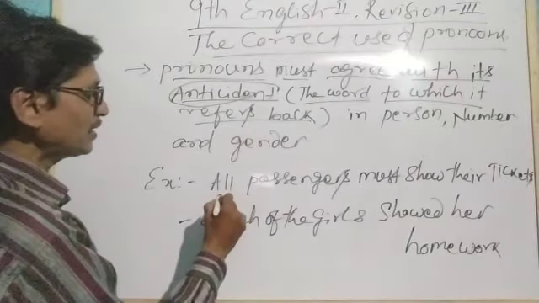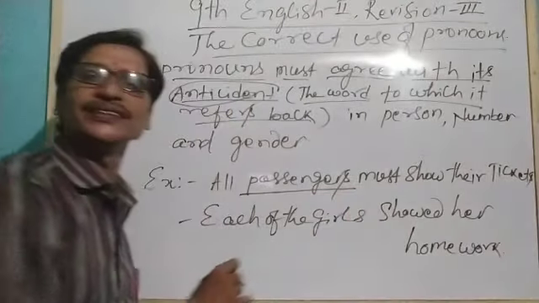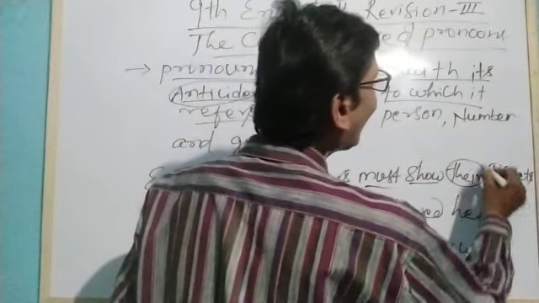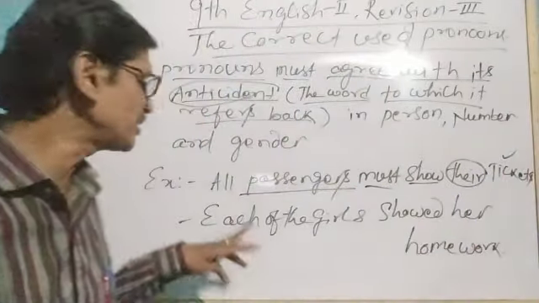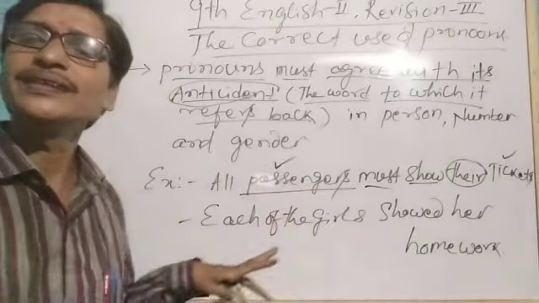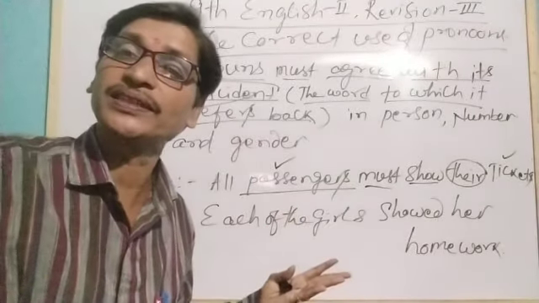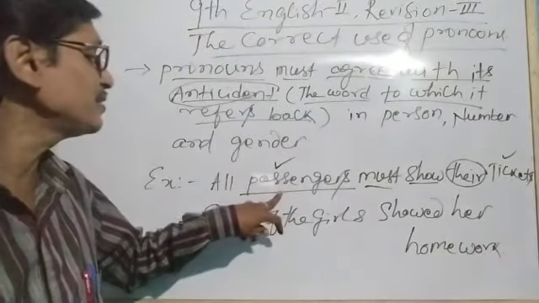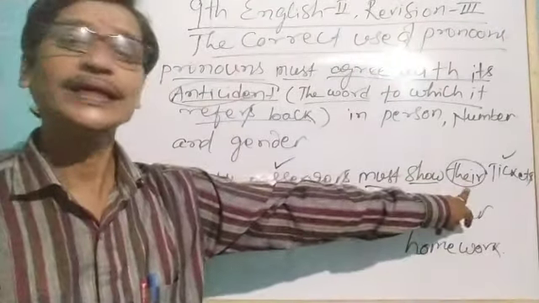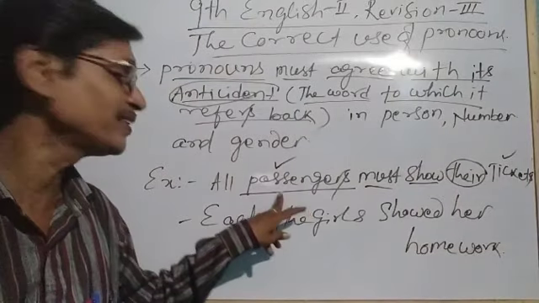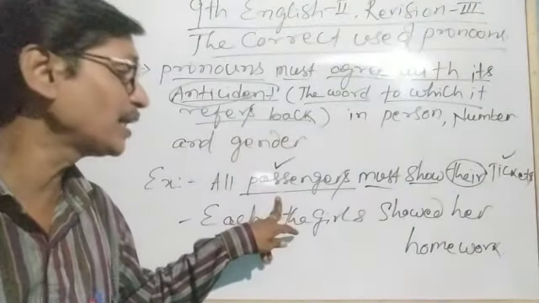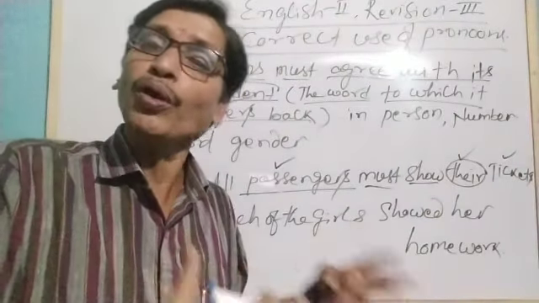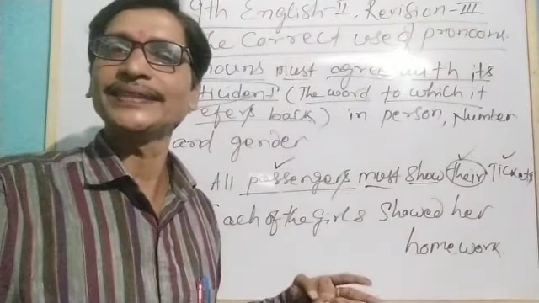All the passengers must show their tickets. You see here, the passengers is a plural subject. Therefore this is the antecedent, and the pronoun is referring to this antecedent. It is a plural subject, therefore we have used their as the pronoun. Understand?